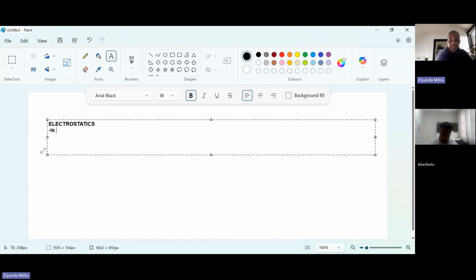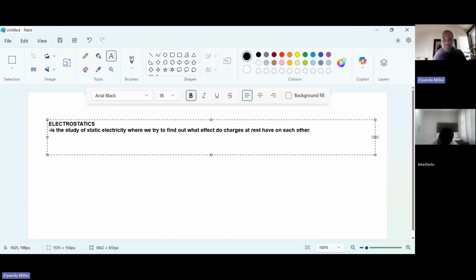Under electrostatics, we say it is the study of static electricity, where we try to find out what effect charges at rest have on each other.